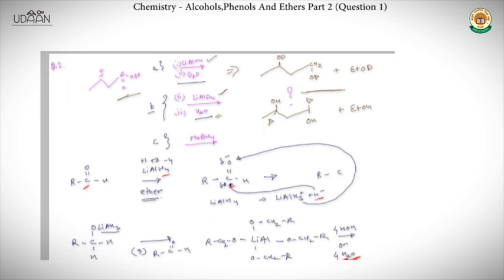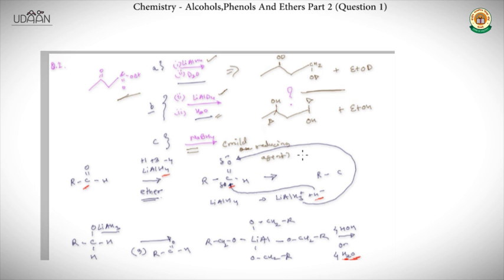Correct. And finally, when we use NaBH4, we know the unique property of NaBH4, that it is a mild reducing agent.